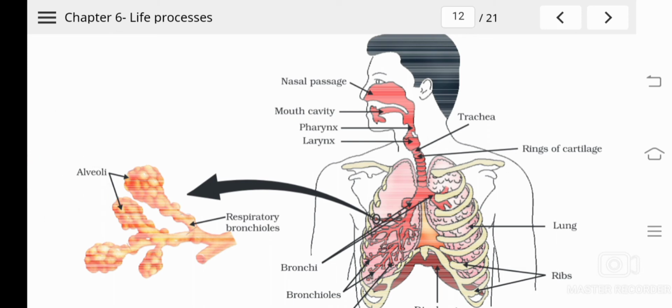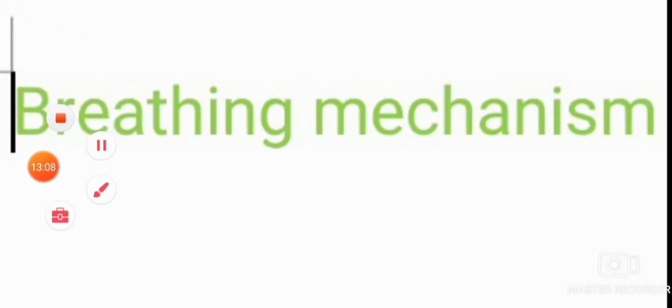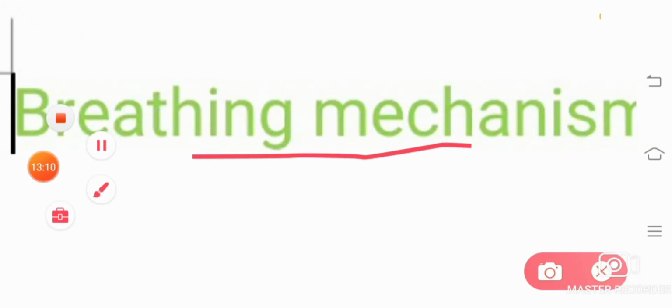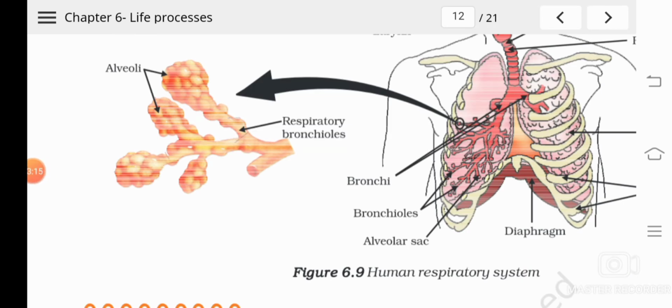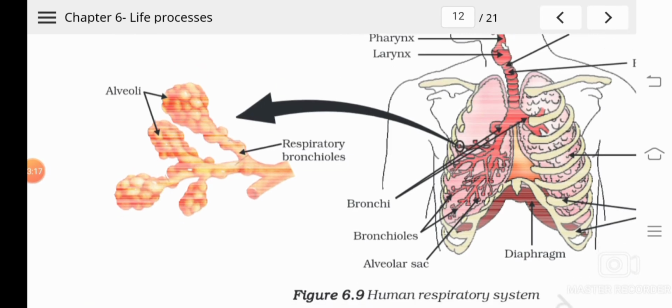Now let's study the breathing mechanism. How does breathing occur? That we will see. In the diagram you can see a diaphragm. Our chest cavity, or the respiratory organs, are sealed in the form of a chest cavity.